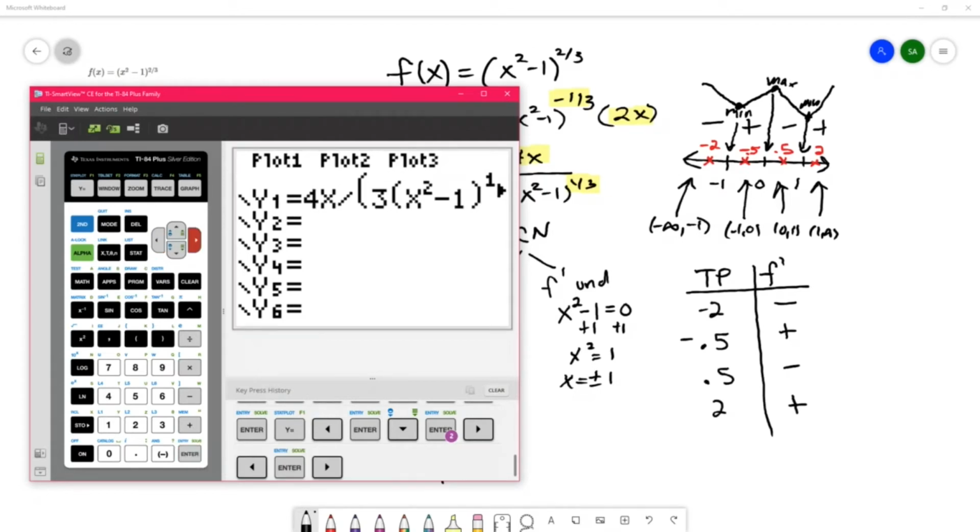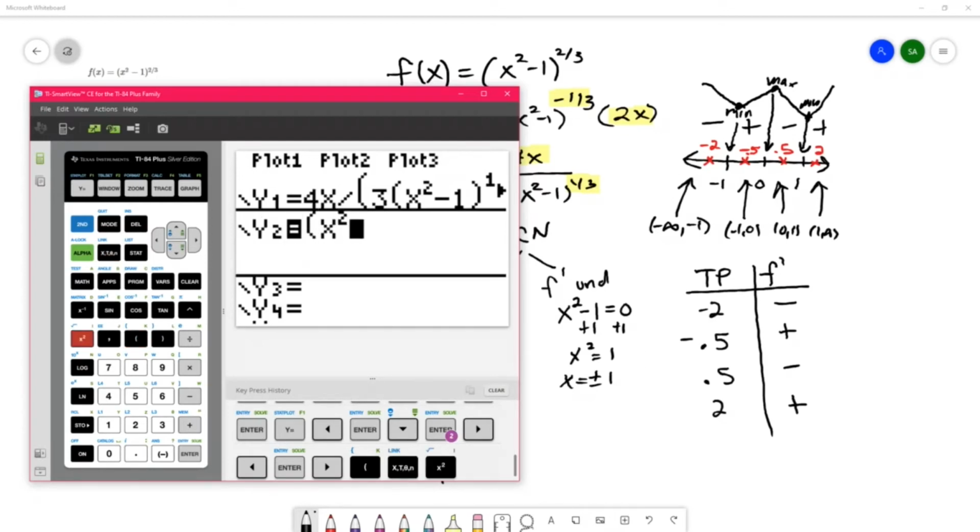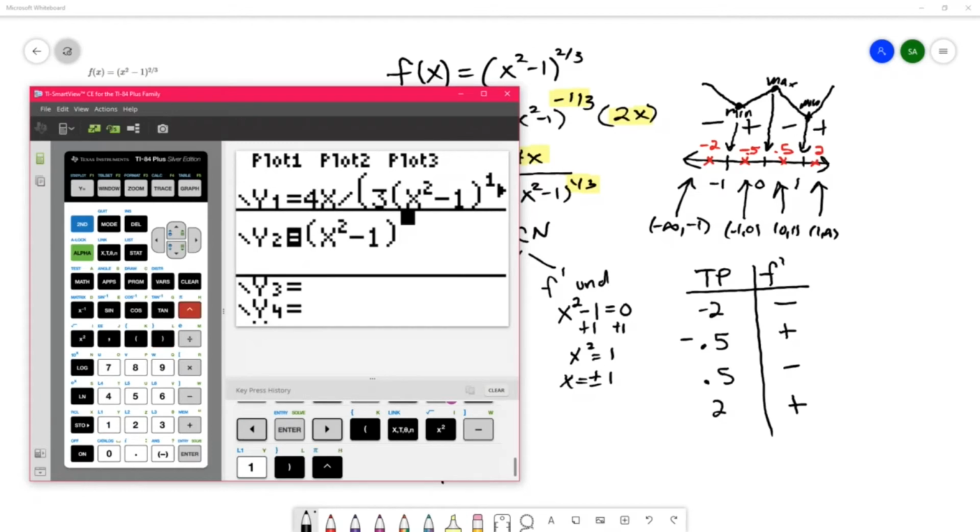I guess it's not turning off and on. So we'll just remember that it's in y2. So we've got parentheses x squared minus 1 raised to the 2/3 power.